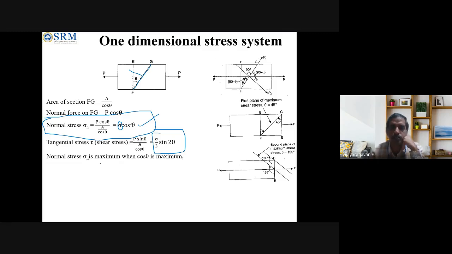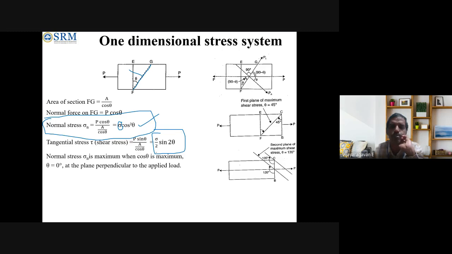What is the maximum value of cos theta? Anyone? Students? 1. Okay.